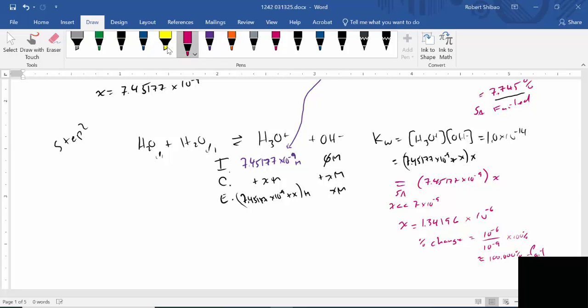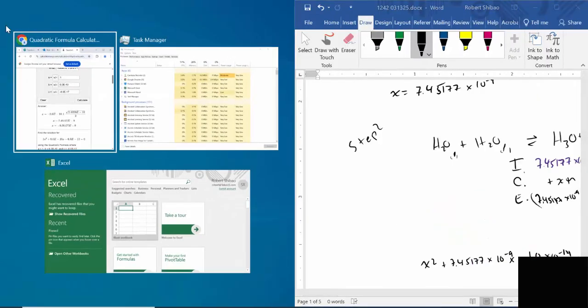All right, so what I'm going to do is just the quadratic again. So we'll get this into quadratic form. It's going to be x squared plus 7.45177 times 10 to the minus 9 x minus 1.0 times 10 to the minus 14 is equal to 0. Then we're going to go to the quadratic solver here.